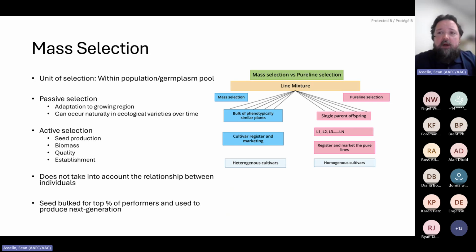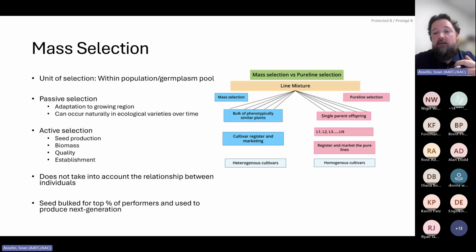Let's say you have a bag of marbles, you're selecting all the blue marbles and all the green marbles out of the population, but you don't want the red marbles. That's basically mass selection. We don't take into account the relationship between individuals when we're mass selecting. We're just looking at a given phenotypic trait or characteristic of that individual plant, and we're bulking them all together, and that creates a new population.